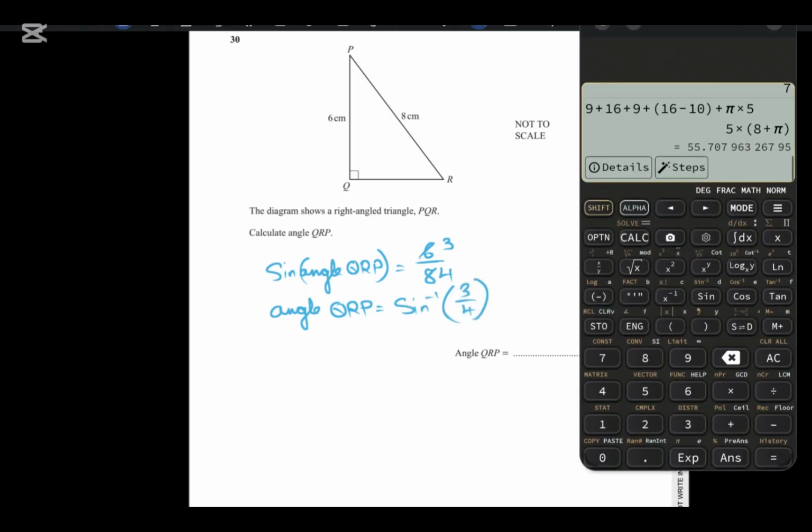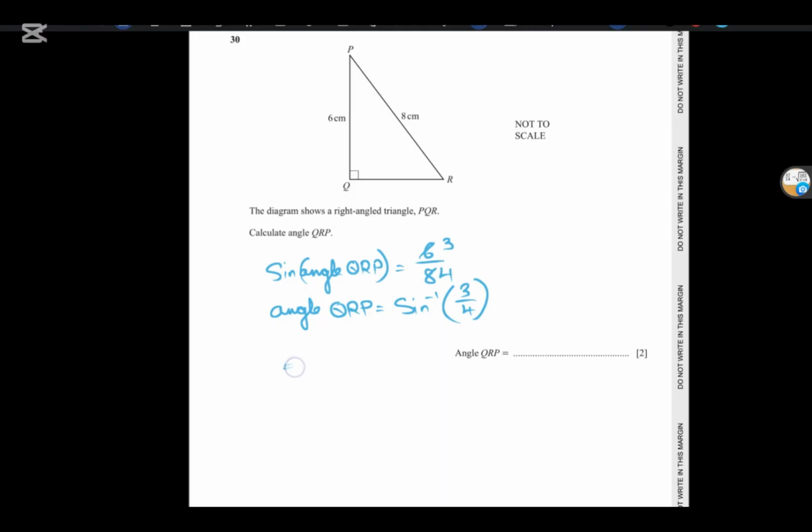Find out sine inverse of 3 by 4. 48.59 degrees. This is the angle QRP. That's all, students. Question number 30 is done.